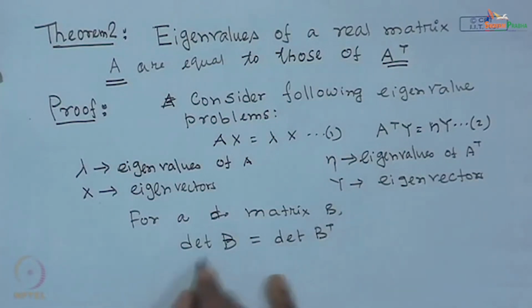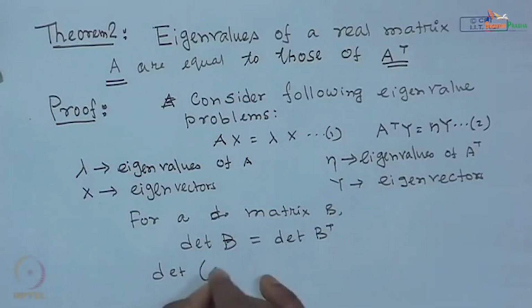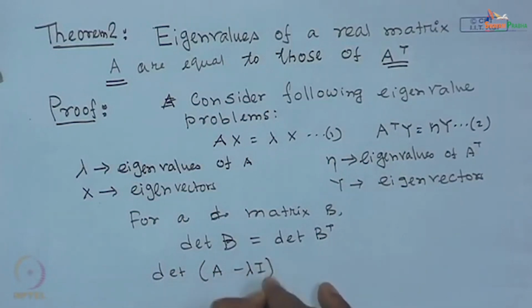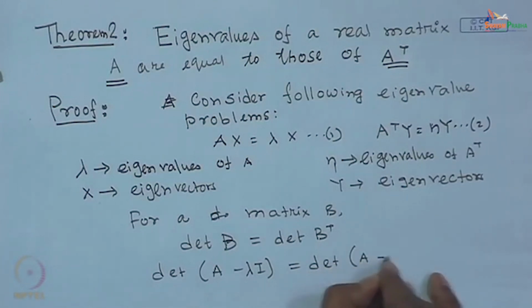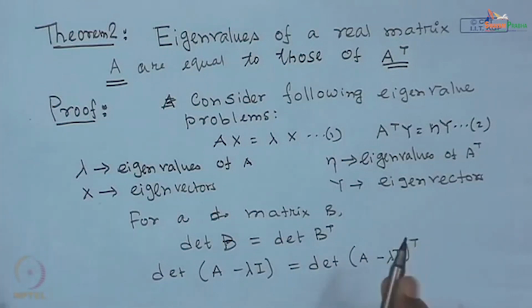So, therefore, we write determinant of A minus lambda I should be equal to determinant of A minus lambda I transpose. So, we just consider a matrix A minus lambda I as B. So, determinant of the matrix A minus lambda I is identical to determinant of matrix A minus lambda I transpose.